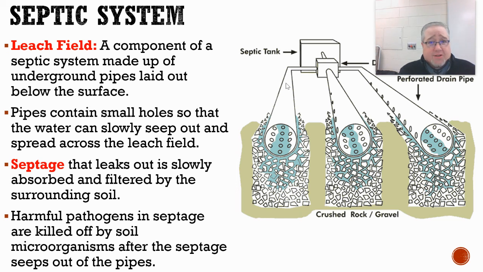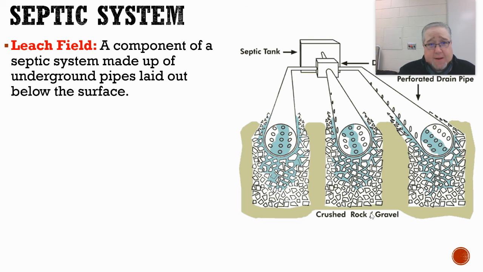You can imagine in this septage water there's a lot of harmful bacteria. As those bacteria move through the soil, the natural bacteria that exist in the soil usually end up out-competing them and basically end up killing all of the harmful bacteria in our waste.